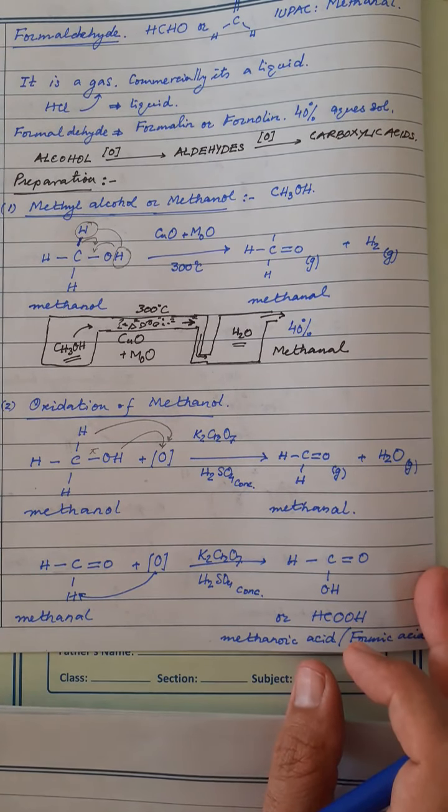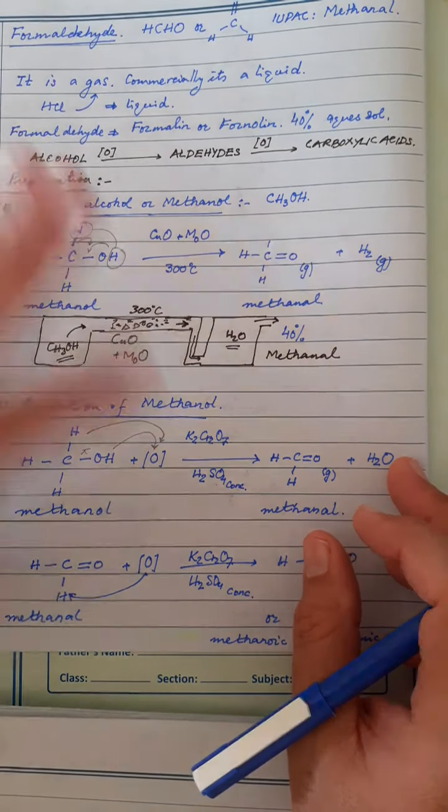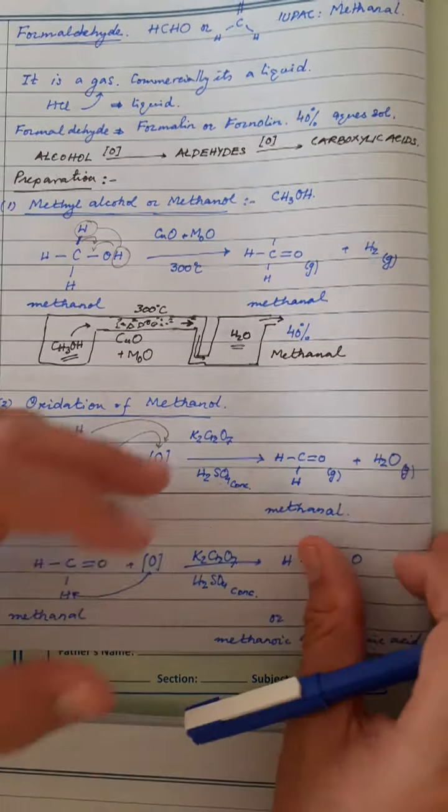So this is mostly laboratory. It can also be used in industry, but this method is quicker in the industry compared to this one. And then there's no fear of getting any methanoic acid. Here there's always a chance of further oxidation to form methanoic acid.